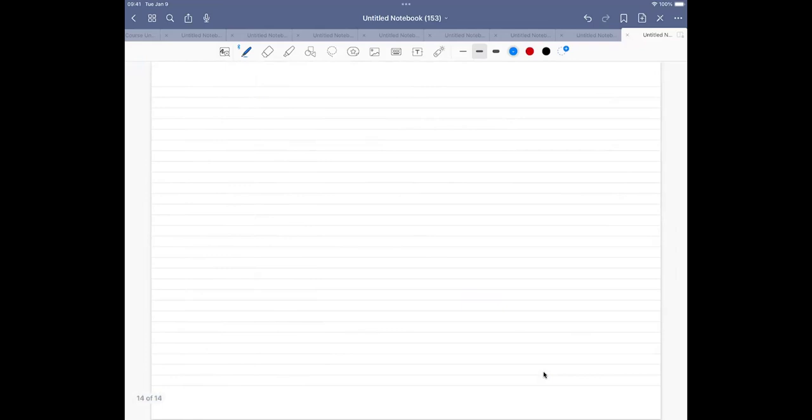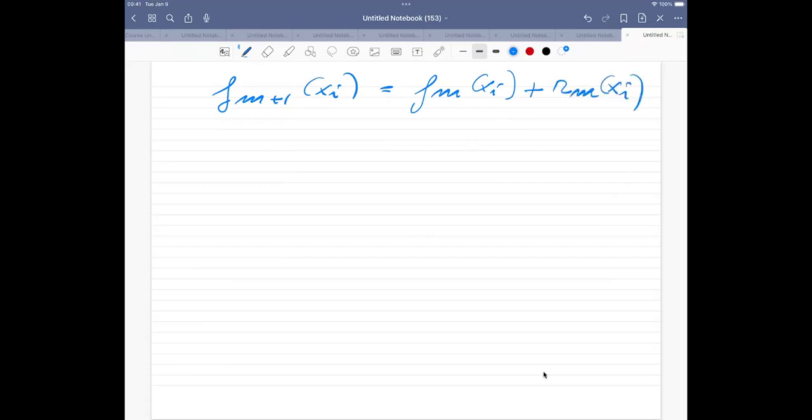So we now define a function f of m plus 1. So this is after a given number of steps. And this could be the number of decision trees which we have created. And we have a function f of m of x of i plus an r, which I'm actually using, the two letters which I always struggle with, as I mentioned before the break.